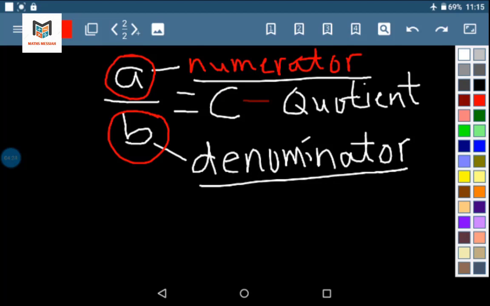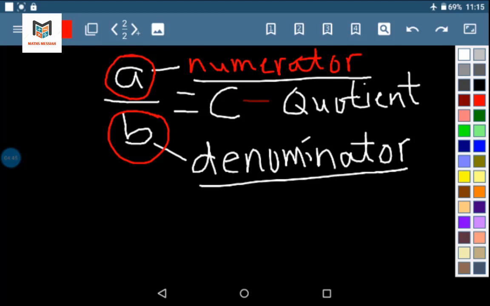When a denominator divides a numerator exactly without a remainder, then we say that the denominator is a factor of the numerator. So in this case, B will be a factor of A.